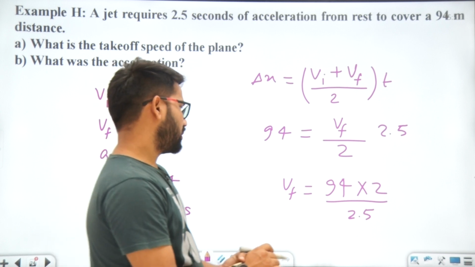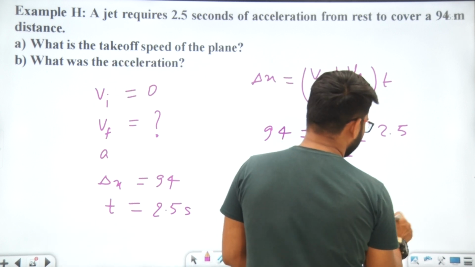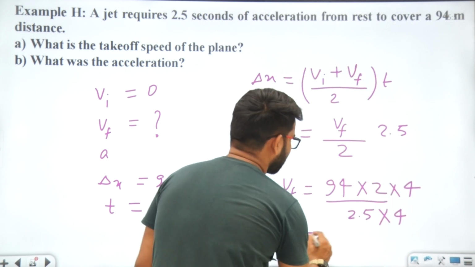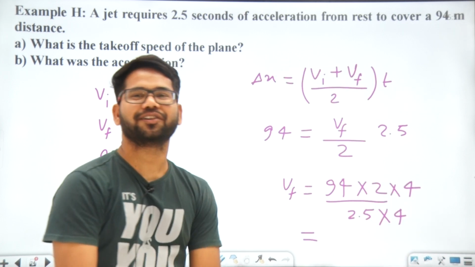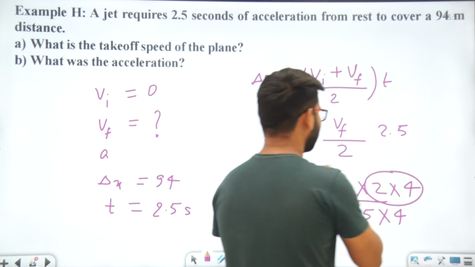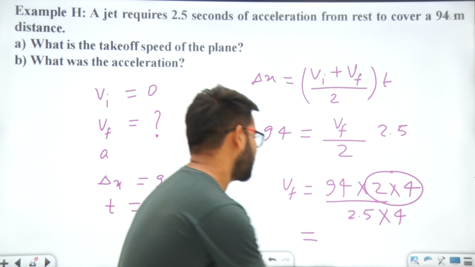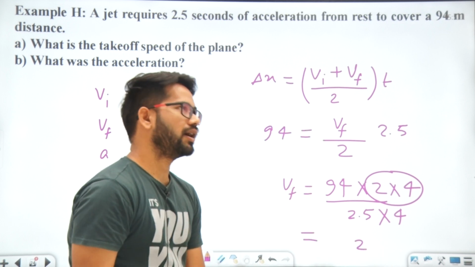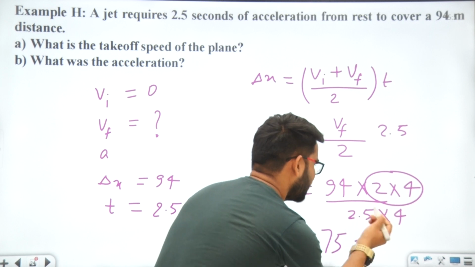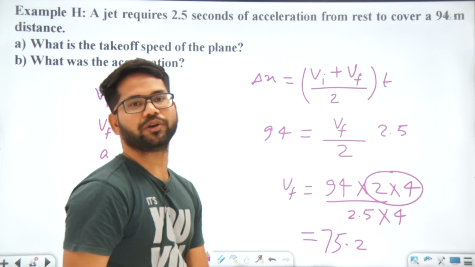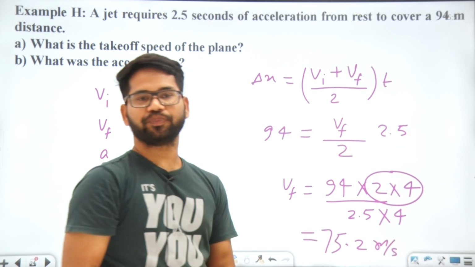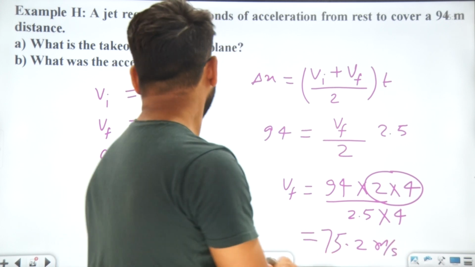Now students, we can multiply numerator and denominator by 4. The benefit is that in the denominator we will get 10, and we get 75.2 meters per second. This will be the final velocity.